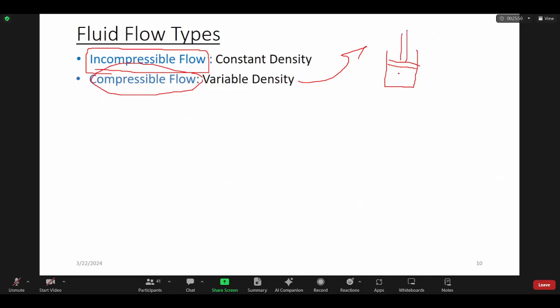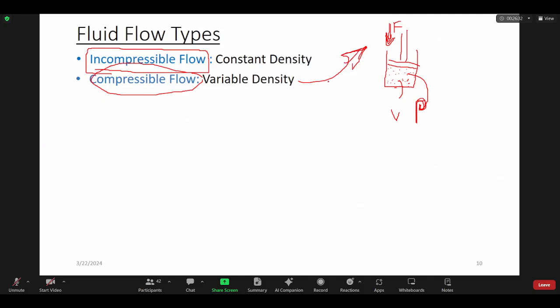Then I will put a fluid inside the piston. Then I will apply a force. Then in this piston, the volume and density can be changed. This type of fluid we can call compressible fluid.